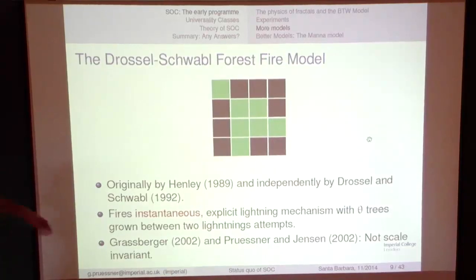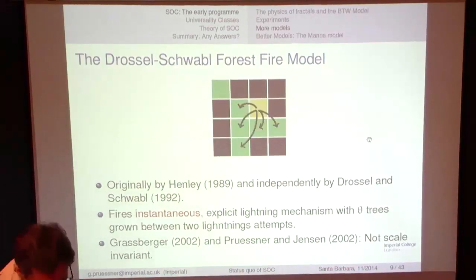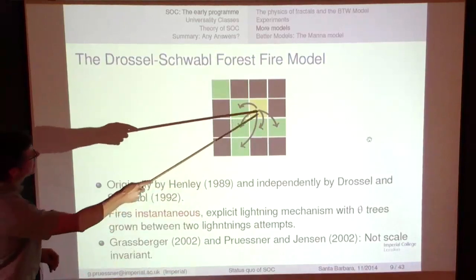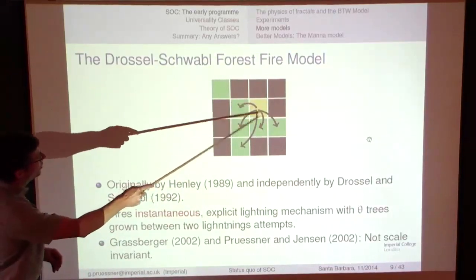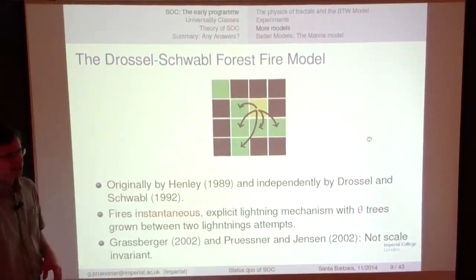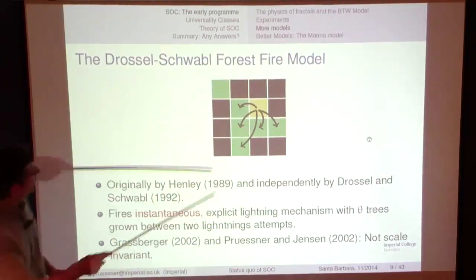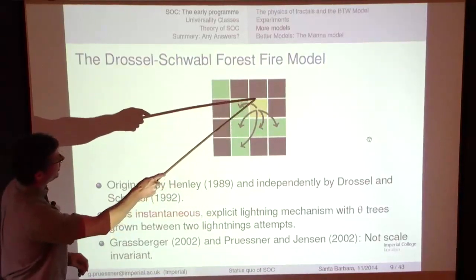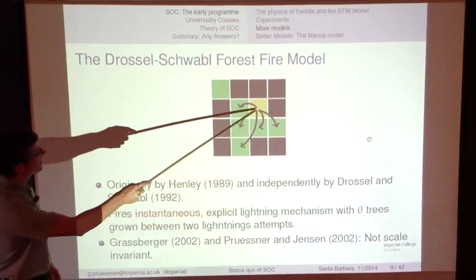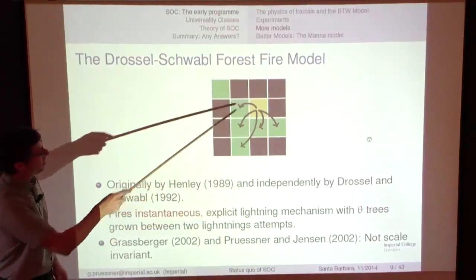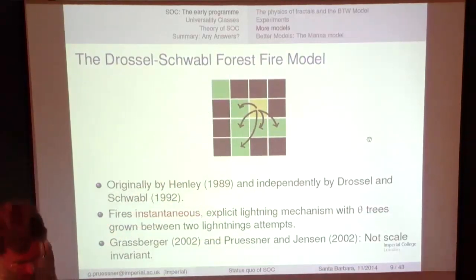In that model, the mechanics of burning down a cluster is instantaneous. So I show you the dynamics. If a site gets ignited, then it burns out the entire cluster connected to it by nearest neighbors. So this site is on fire, then it instantaneously lights up all the other trees in the same cluster, defined by nearest neighbors.